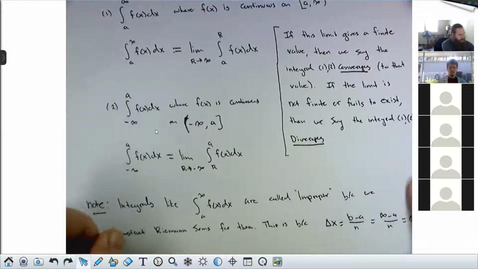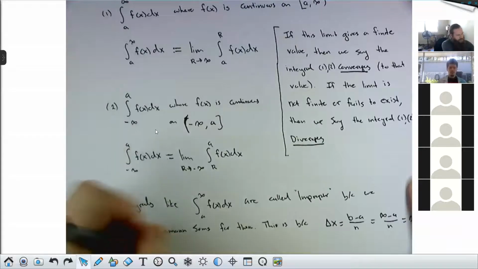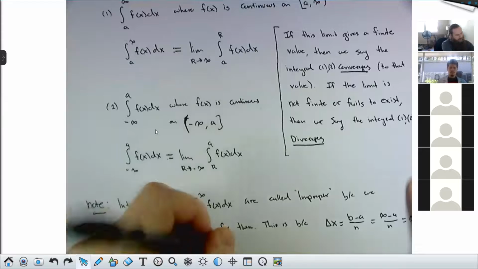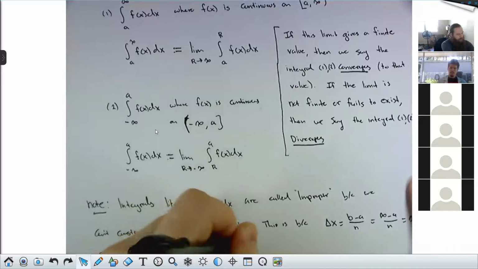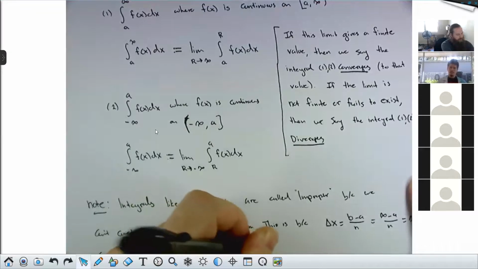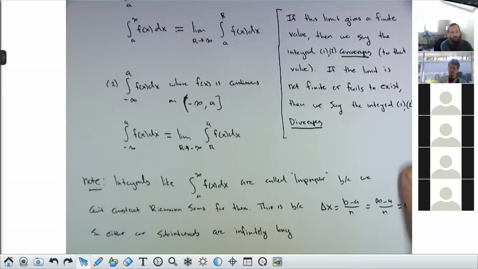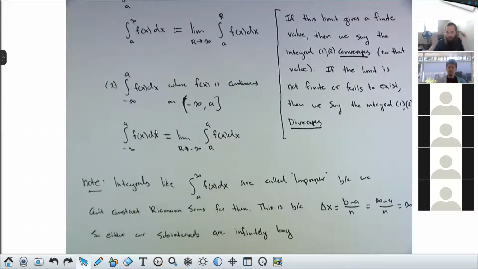So either our subintervals are infinitely long, and that's not helpful. That means each of my rectangles would have infinite width, so that doesn't work.